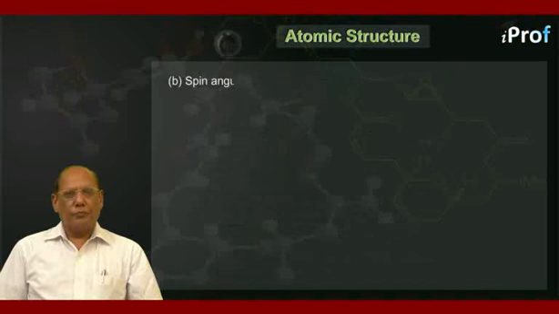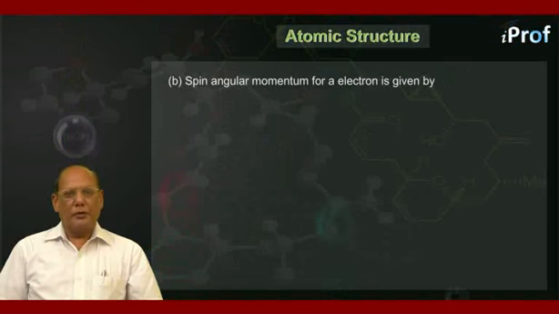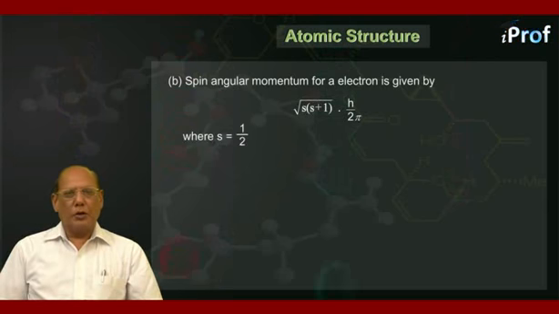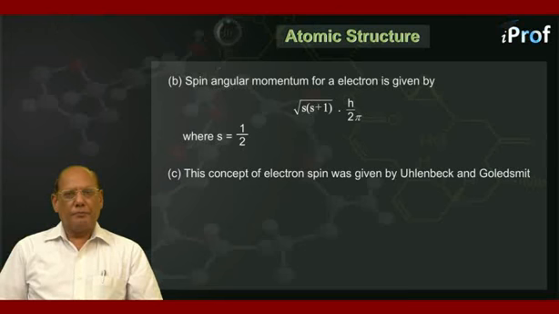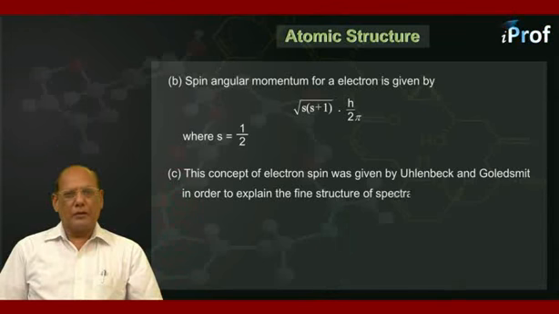B. Spin angular momentum for an electron is given by under root s into s plus 1 multiplied by h/2 pi, where s is equal to 1/2. C. This concept of electron spin was given by Uhlenbeck and Goudsmit in order to explain the fine structure of spectral lines.